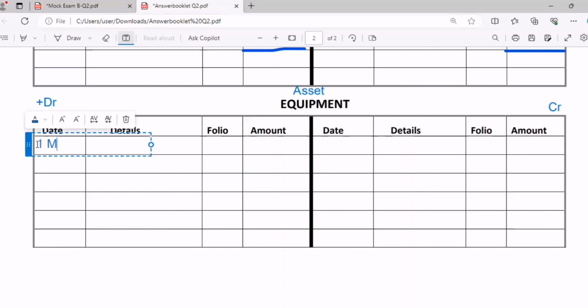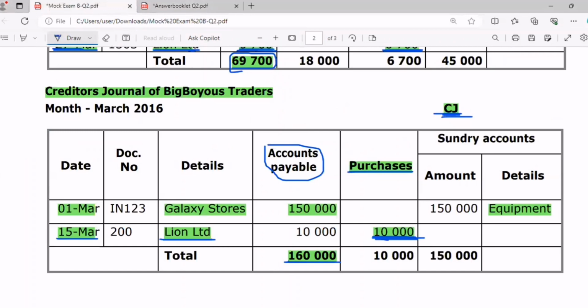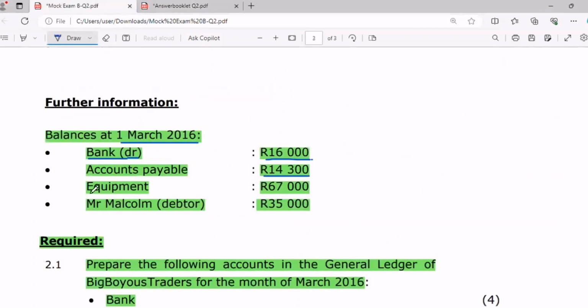So 1 March, show the opening balance. On the 1st of March, we're going to have the balance at the beginning. So this opening balance is given in the question. So equipment, the opening balance is 67,000.